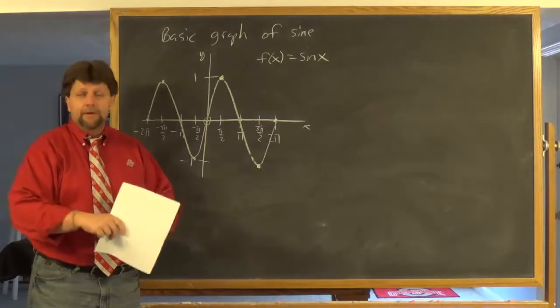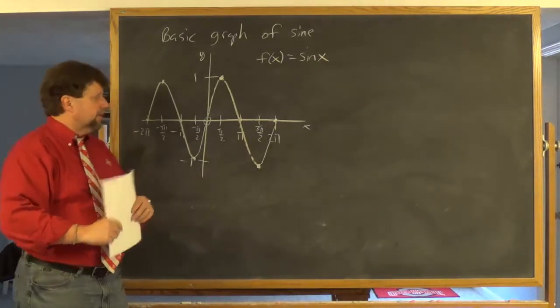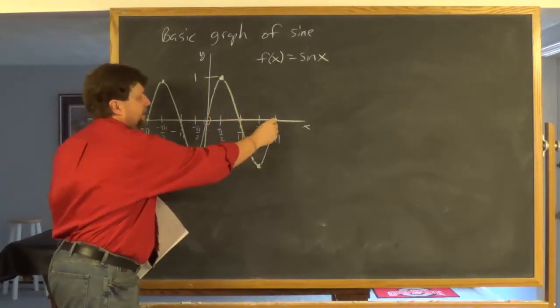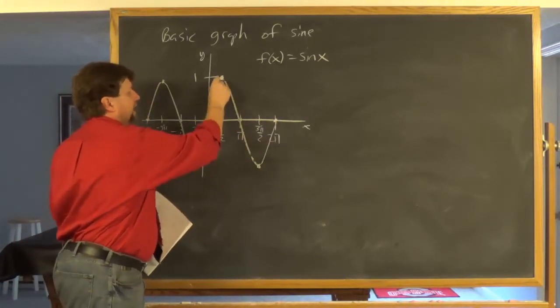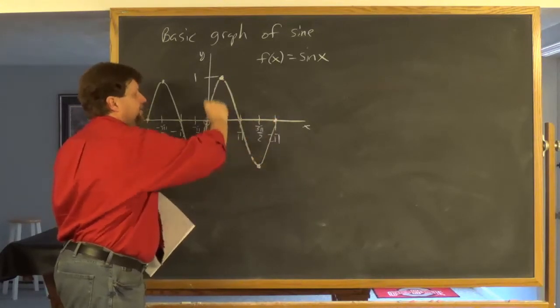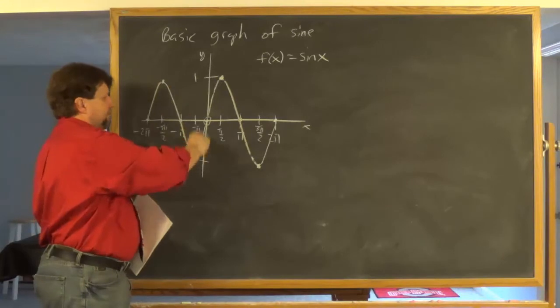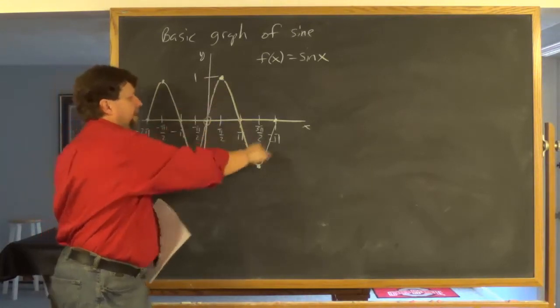And that's kind of go back to the unit circle. But notice from here to here, we look at the graph of sine. Notice that that shape is repeated over here. It's got the same shape. And then it's repeated again.